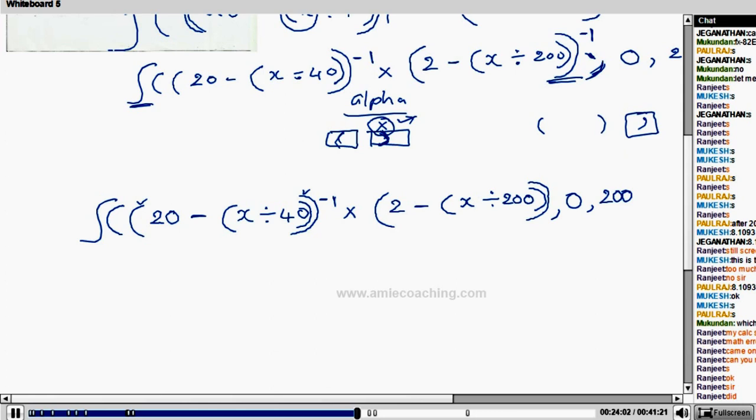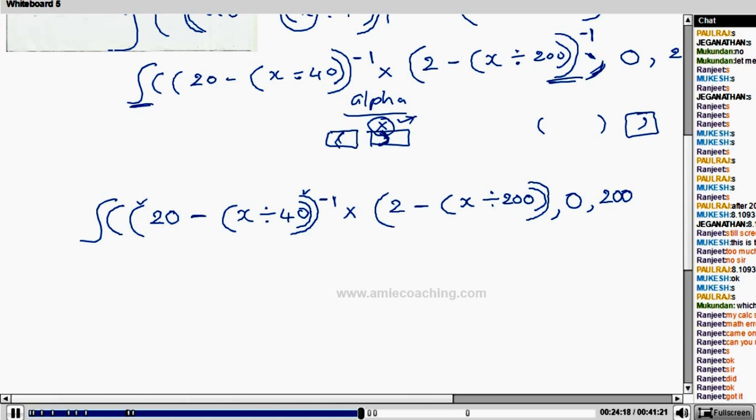Okay. Press the equal to button. Yes. Okay. Fine. So that way you can perform it by means of a calculator.